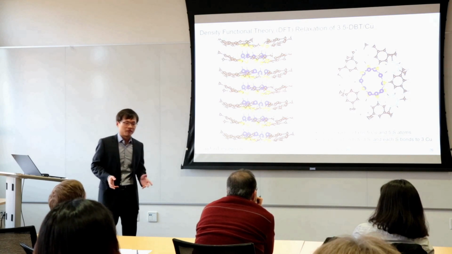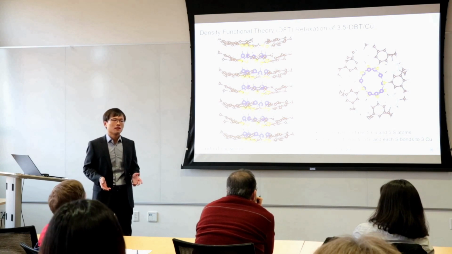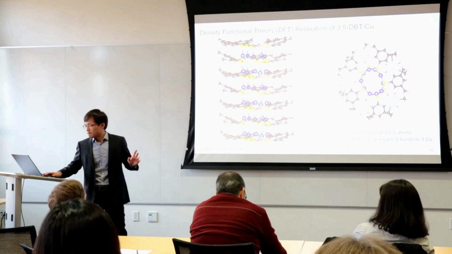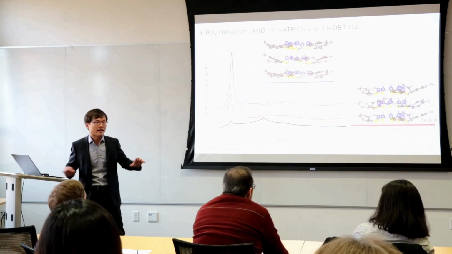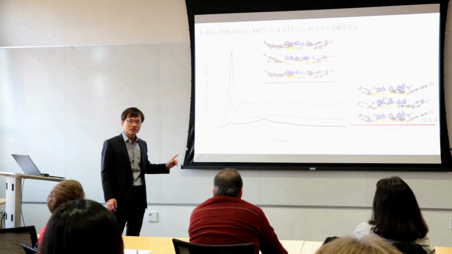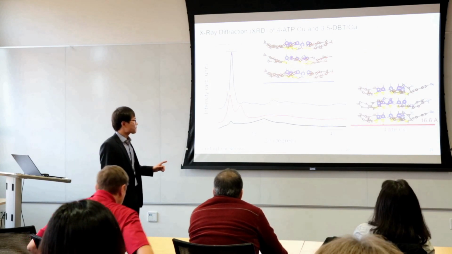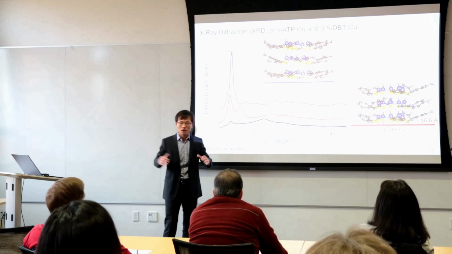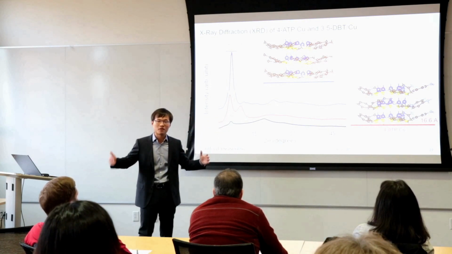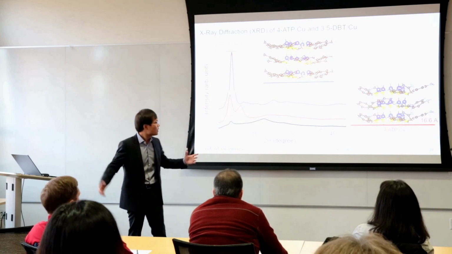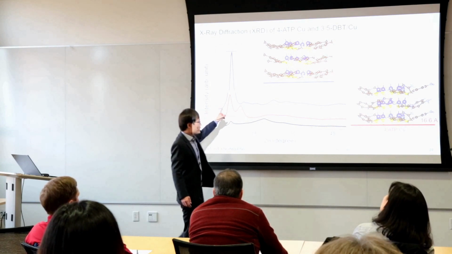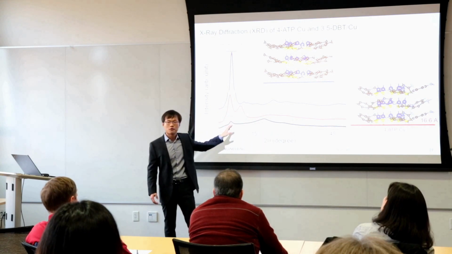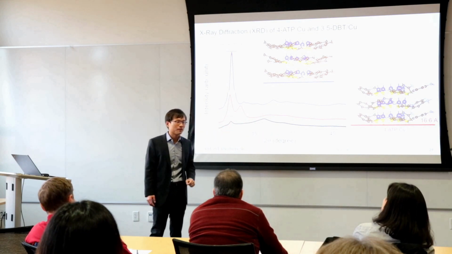Now let's relate it back to the XRD spectrum from earlier. Remember that the 2 dominant peaks correspond to very large spacings that periodically appear in the material, of 14.3 angstrom for the 3,5-DBT copper and 16.4 for the 4-ATP copper.